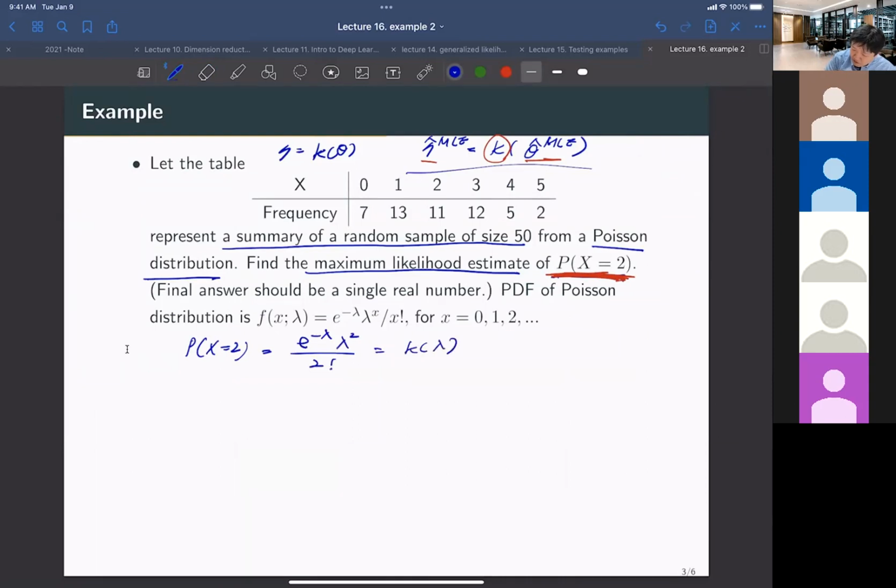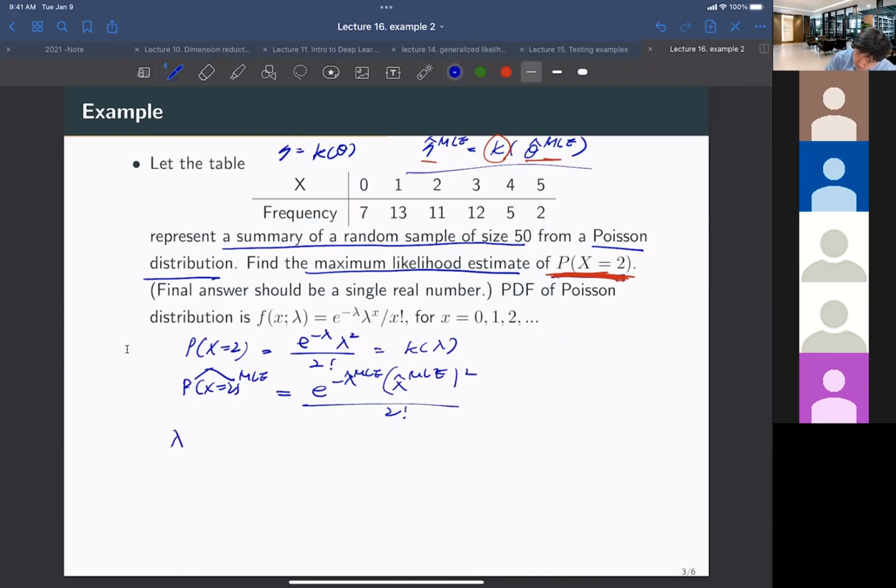If we can find the lambda hat MLE, then we can find the MLE for this. It is just e to the minus lambda hat MLE, lambda hat MLE squared over 2 factorial. Okay, so this is just plugging in.